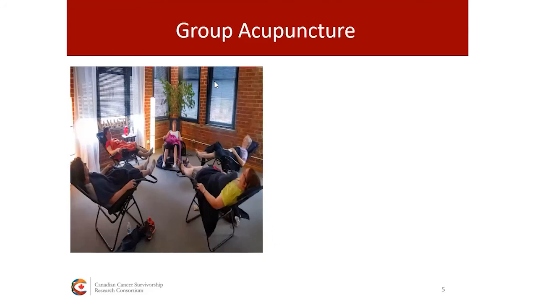The standard model of delivery for acupuncture, especially in North America, is 1-to-1. Patients visit an acupuncture clinic and are treated on a 1-to-1 basis. But the drawback of this is that it makes the treatment inaccessible for a lot of patients, especially because it's not covered under universal health care, and patients have to pay out of pocket. At times patients have to pay up to $75 to $100 for a single acupuncture session.